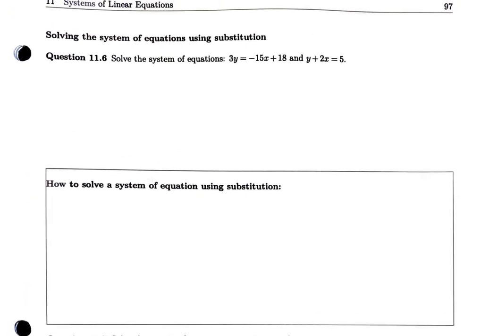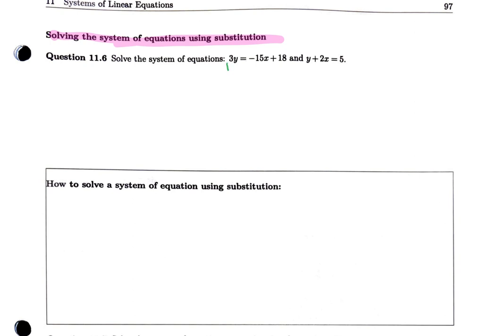Okay, this next section involves solving equations using substitution. Okay, this is a great way to solve an equation. It's a lot faster than graphing. So when we're solving an equation using substitution, the way to do it is you kind of solve for one of the variables.